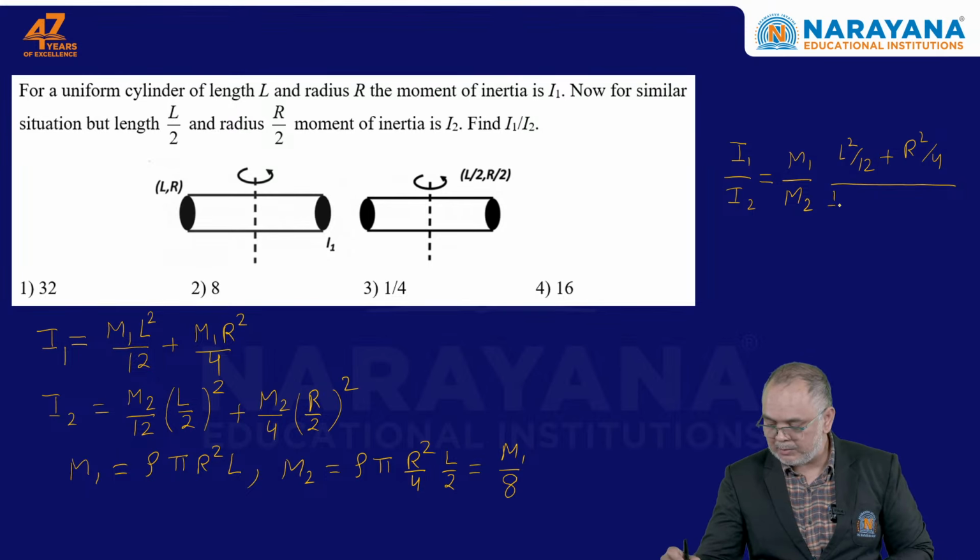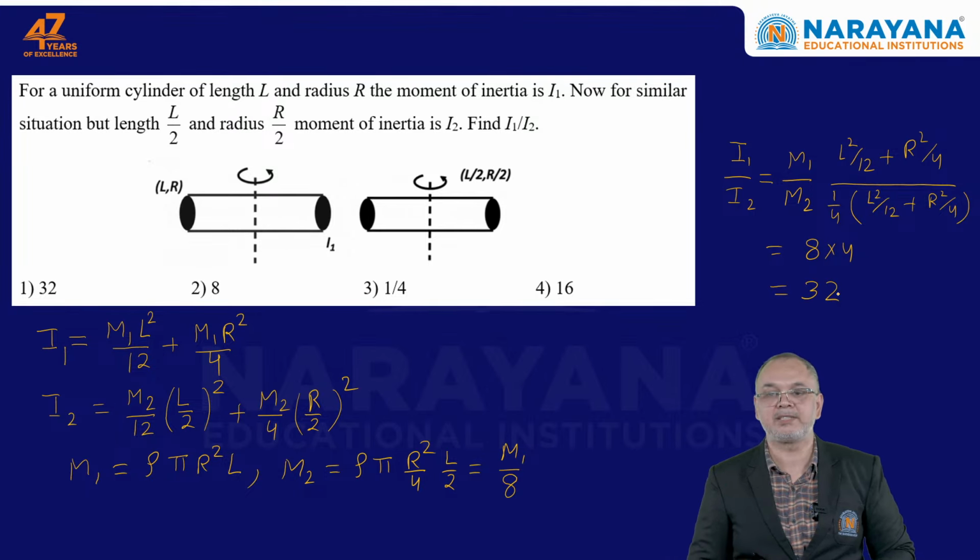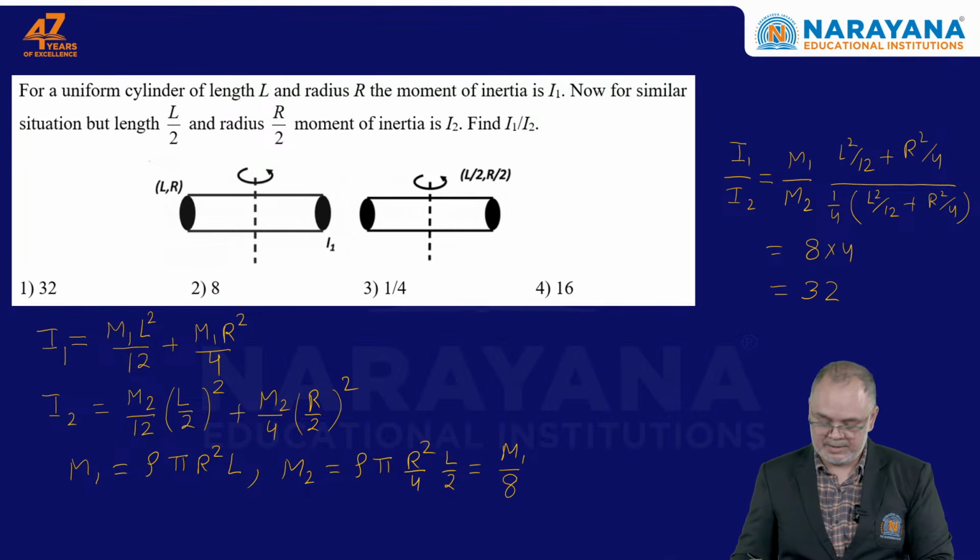So I can write 1 by 4 into (L square by 12 plus r square by 4). So m1 by m2 we can write here, that is 8, and 1 by 4, so this comes out to what? 8 into 4 is equal to 32. So this is the ratio of the two moments of inertia. So that is the answer of this problem.